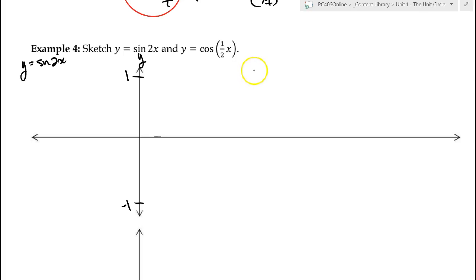So period in this case is going to be 2 pi divided by 2, so just pi. So whereas before I would have divided this in and gone up to 2 pi, I'm going to zoom in on my graph a little bit and say that this is going to be pi over 2. And I'm going to expect my graph to all of a sudden repeat only at pi.